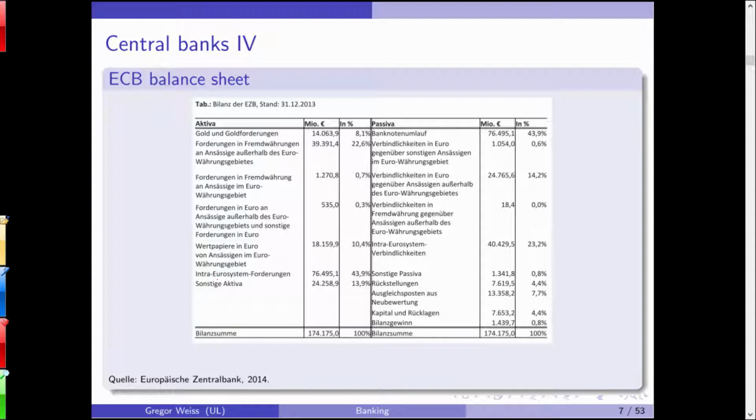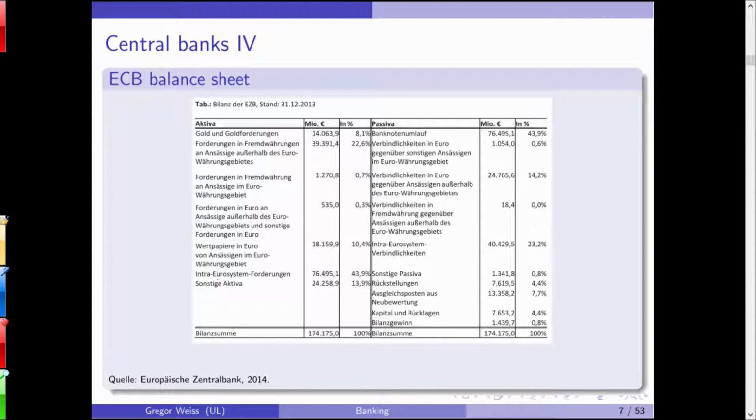You can see that the European Central Bank has gold assets of almost 14 billion, some claims in foreign currencies of 40 billion euros, and so on. And on the liability side, you can see that it has almost 77 billion euros of euro notes in circulation, and the rest, these are liabilities against commercial banks, against other national central banks.